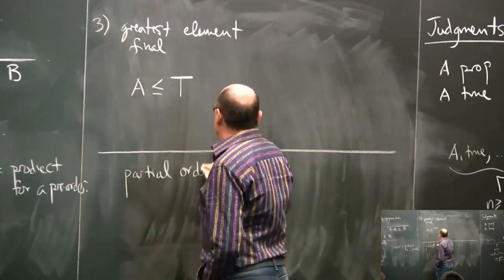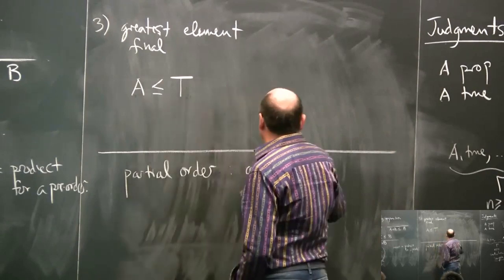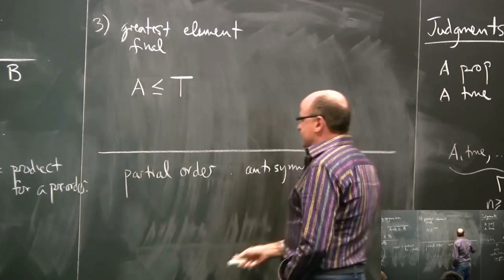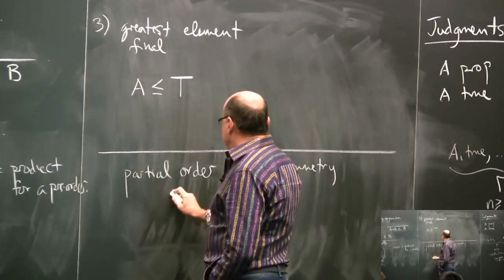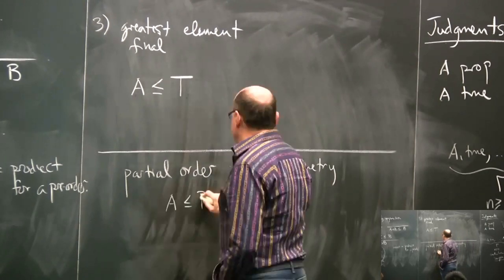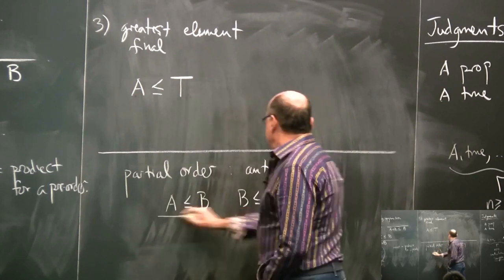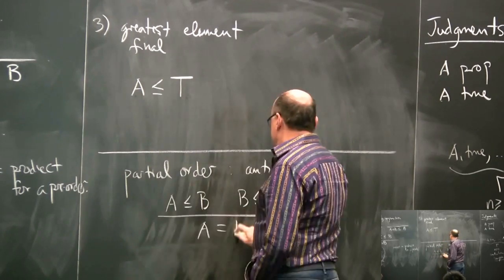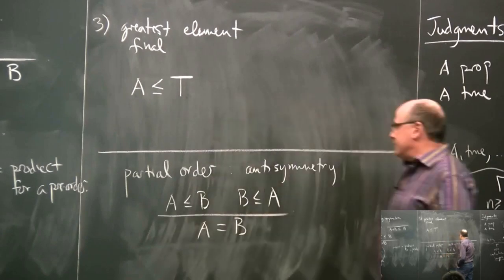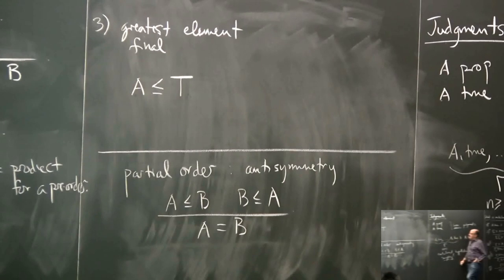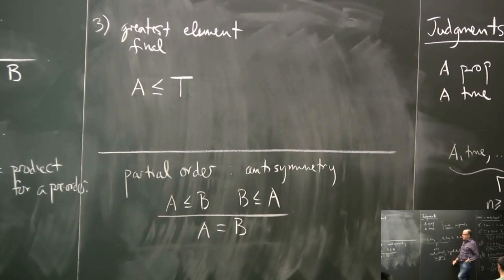Partial order means you have anti-symmetry, which means that if A is less than or equal to B and B is less than or equal to A, then A equals B. Oh, that's so depressing. I don't like such a thing, you can tell already.